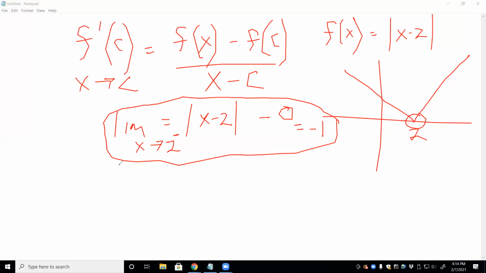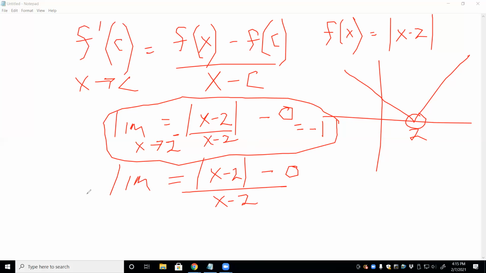And if you take the limit of that absolute value function all over, no, hold on, I needed an x minus 2 down here in the denominator. And here I have the same x minus 2. But in this case, we're taking the limit as x approaches 2 from the right.